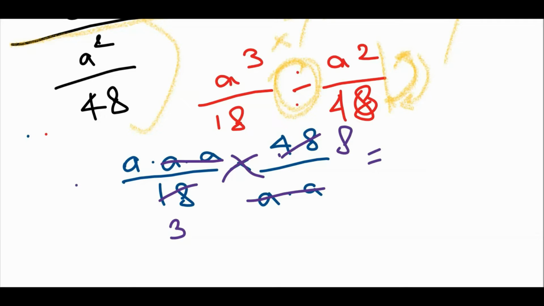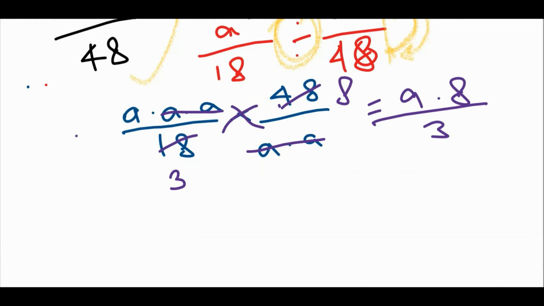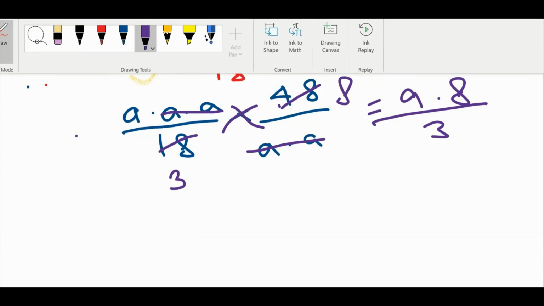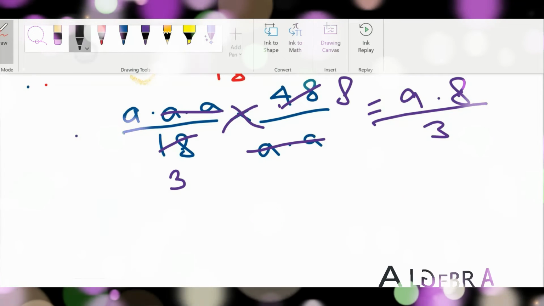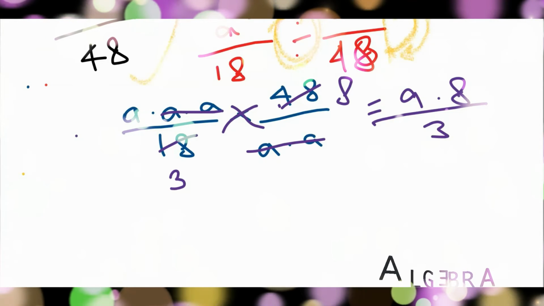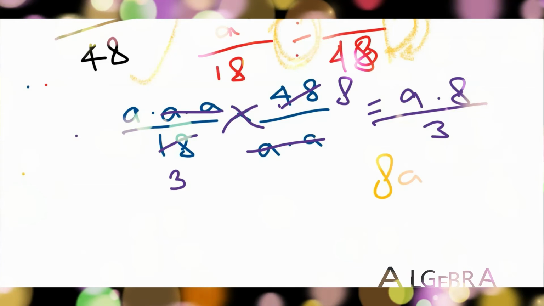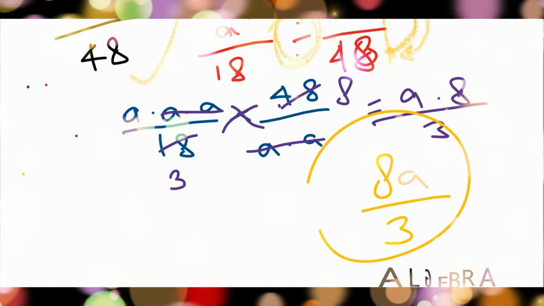So this is going to be equal to a times 8 over 3. Okay, 8 times a over 3 is not the right format, so let's just quickly make it into the right format. And the right format is going to be 8a over 3, and that is our answer.